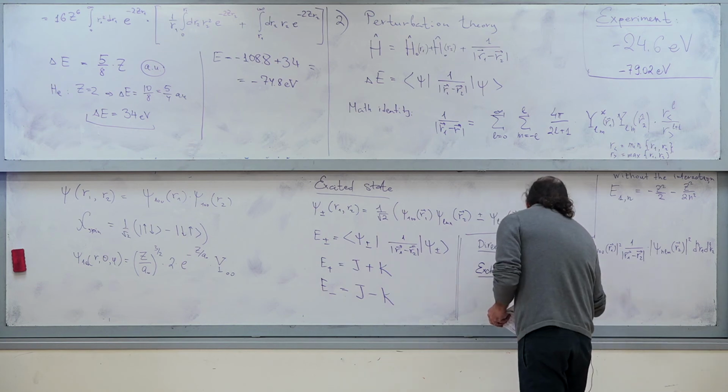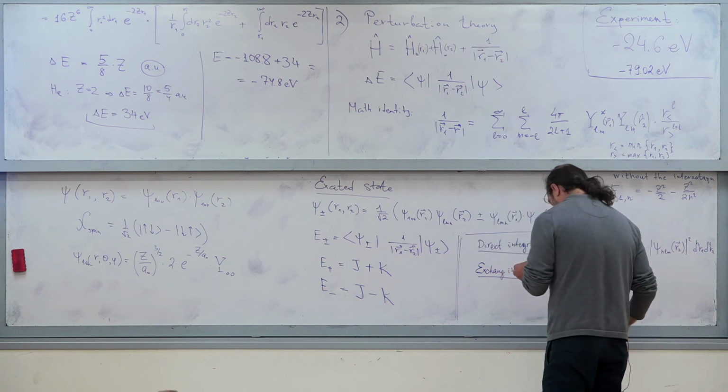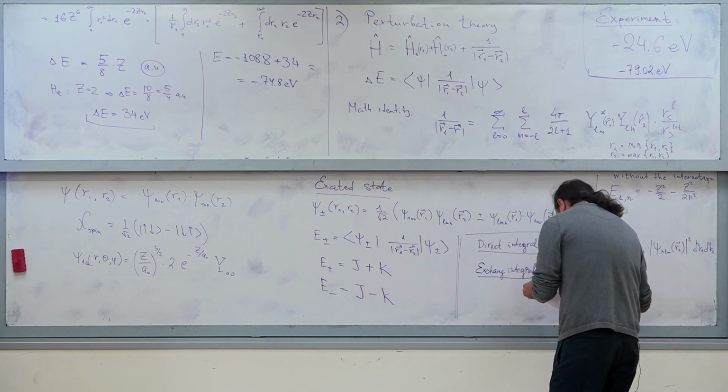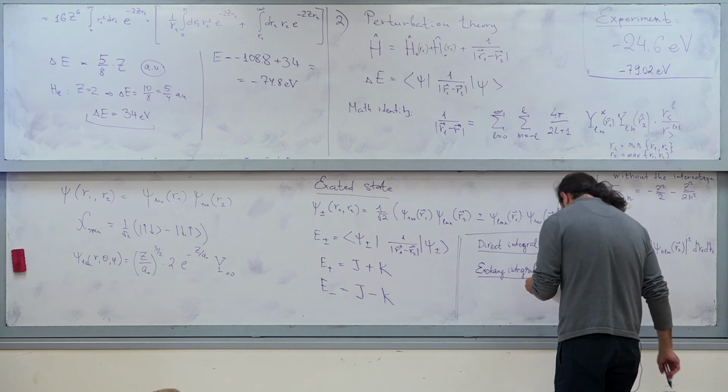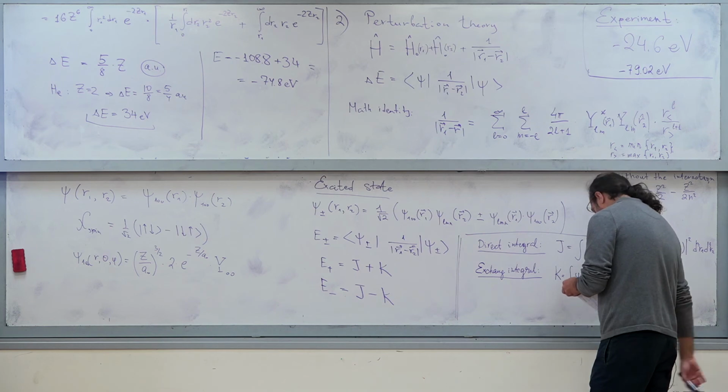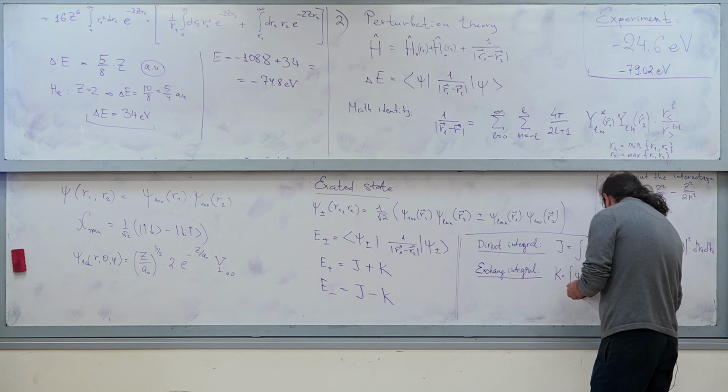So this exchange integral is equal to the possibility to find this mixture of ψ100 complex conjugate of R1, ψnlm complex conjugate of R2, 1 over |R1 − R2|.